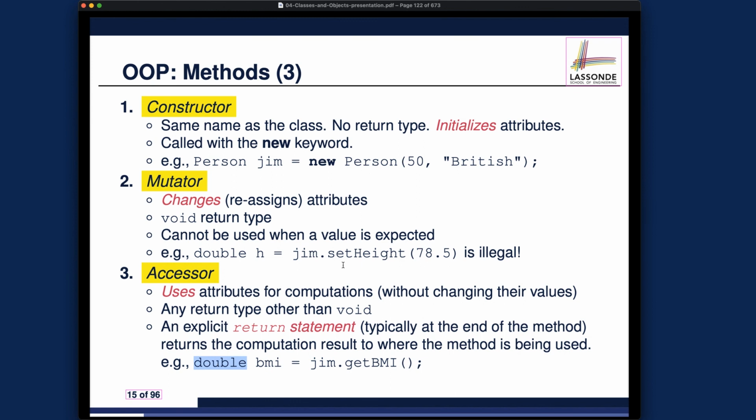On the other hand, when you're calling a mutator method returning void, you just cannot assign that to anything. That's why this one is illegal. We'll see more examples later. All right, so that's the summary about the three kinds of methods. We have seen all of them already in the tutorial videos, but I just want to review each one of them quickly in the next videos.